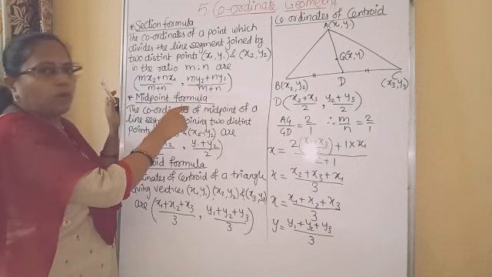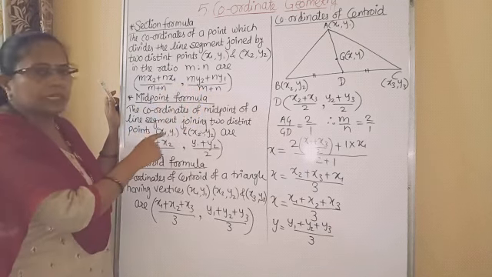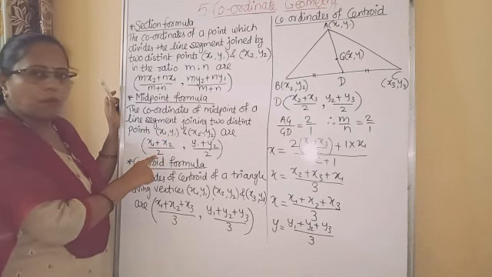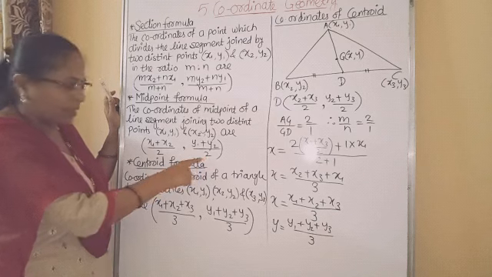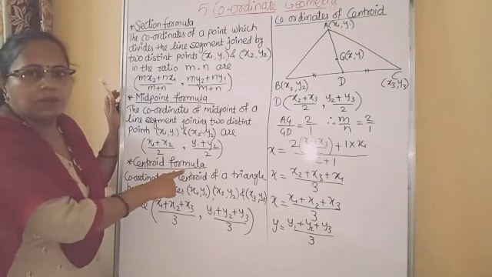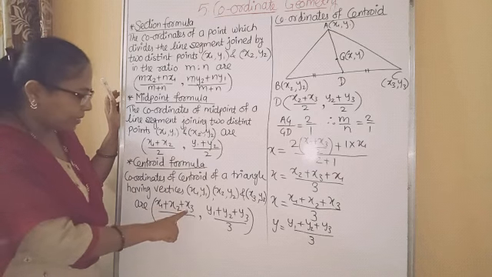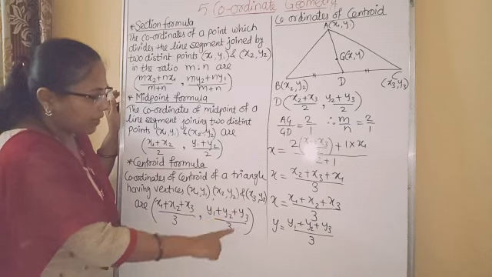Then we studied the midpoint formula: if a point is the midpoint of the segment, its x coordinate is (x1 plus x2) upon 2 and its y coordinate is (y1 plus y2) upon 2. Then the centroid formula: the x coordinate is (x1 plus x2 plus x3) upon 3 and the y coordinate is (y1 plus y2 plus y3) upon 3.